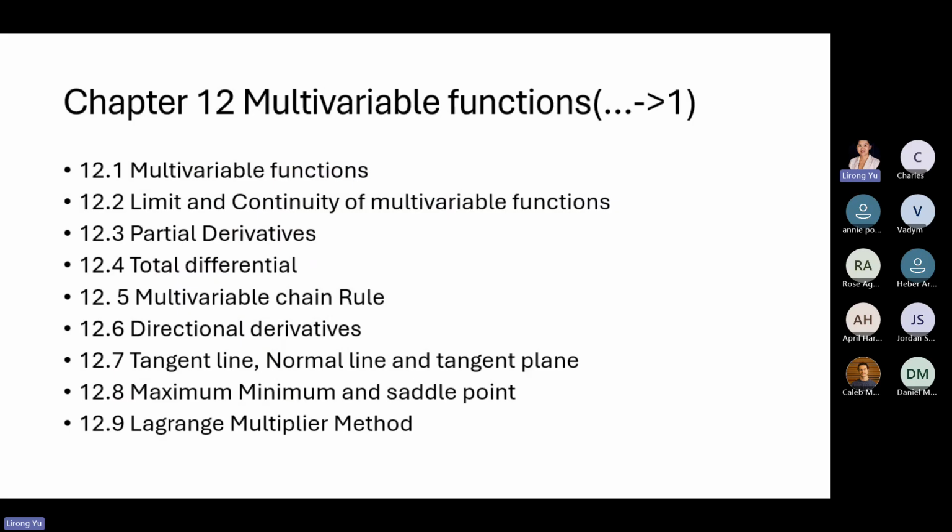There, it's often a multivariable function with a constraint. 12.9 is a new method for calculating maximum called the Lagrange multiplier method. So for most of the popular topics we have some questions on the final exam practice set. So try to practice what's in the assignment so you know what questions you're supposed to practice more.